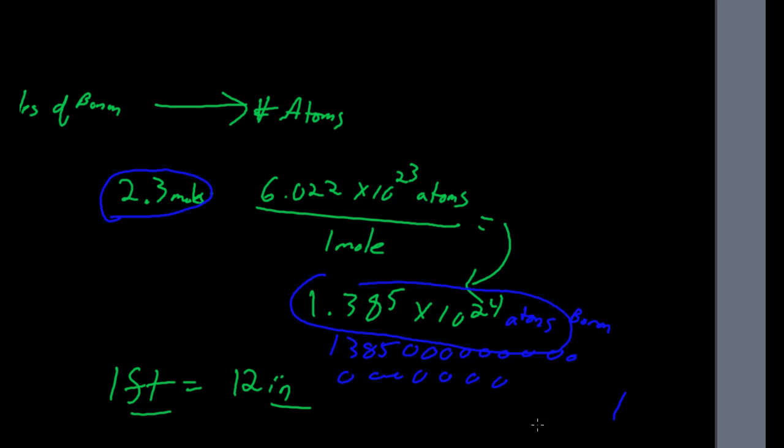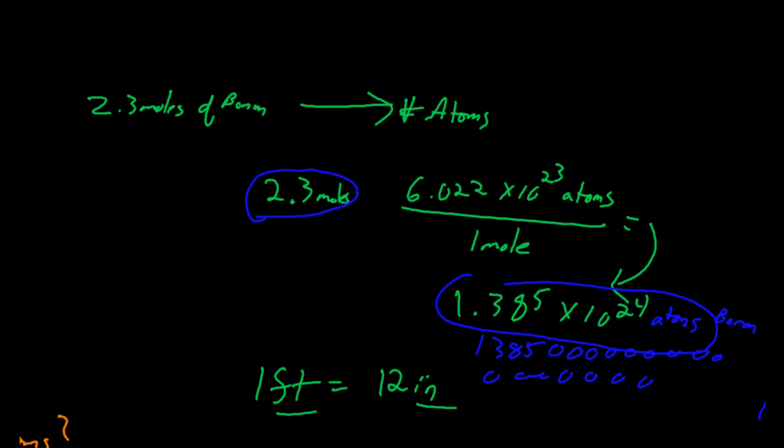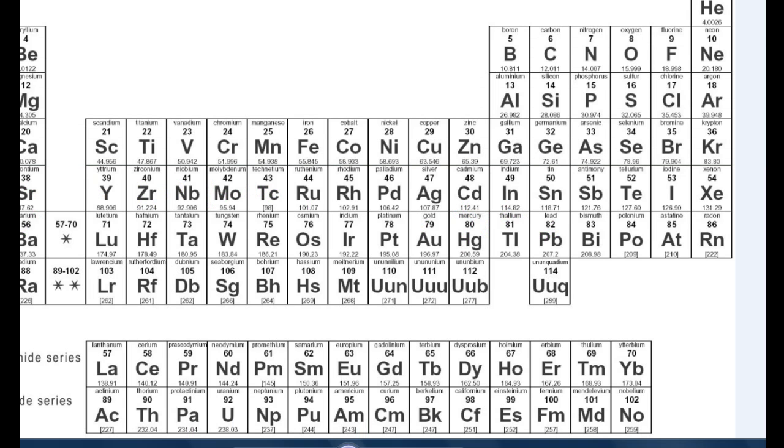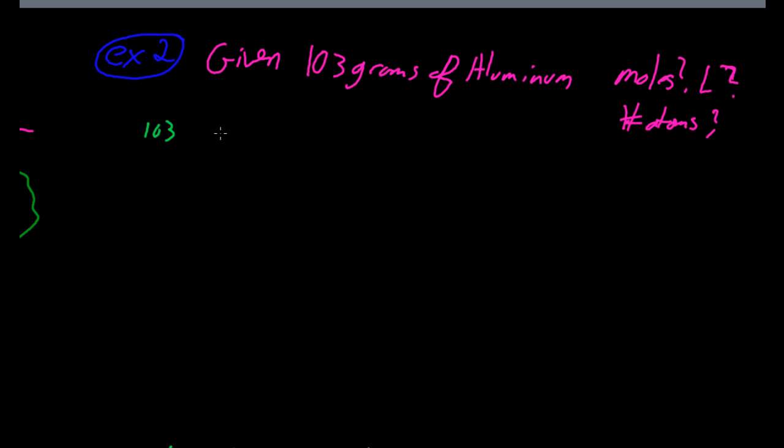So since we have aluminum this time, it is right here. Remember, it's this bottom number right under the elemental symbol. We have 26.982 grams per mole.